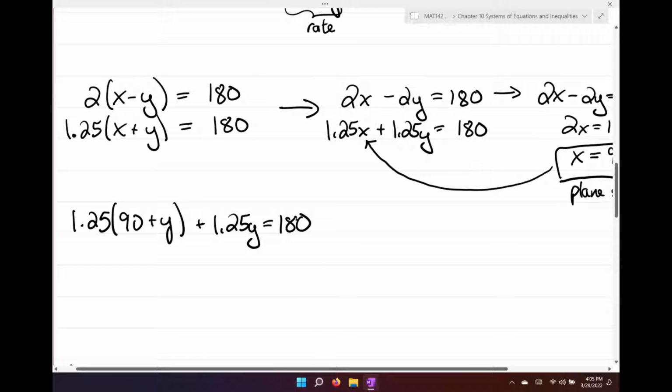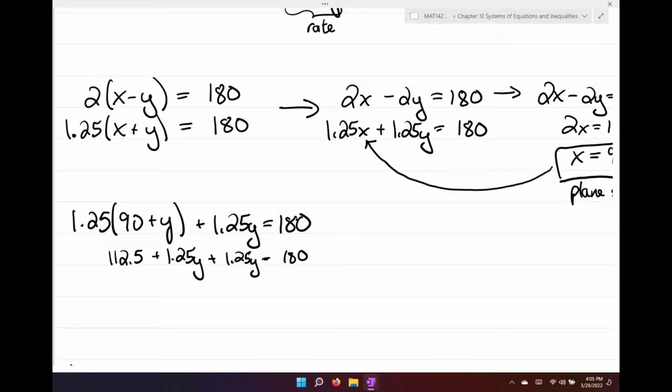1.25 times 90 is going to be 112.5 plus 1.25y plus 1.25y equals 180. 1.25 plus 1.25 is going to be 2.5.